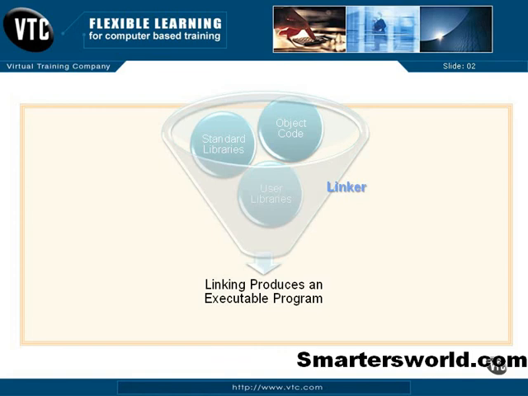We're going to see all that happen as we do this, but I want you to understand the difference between source code, which is what you can easily read, written in a form of English, object code, which is the output of the compiler, and then executable code, which is a combination of object code and other standard libraries, and maybe even some user libraries, so that we can get an executable program to run.